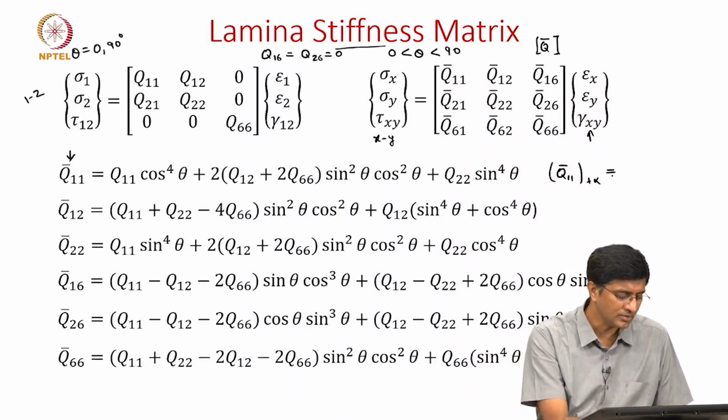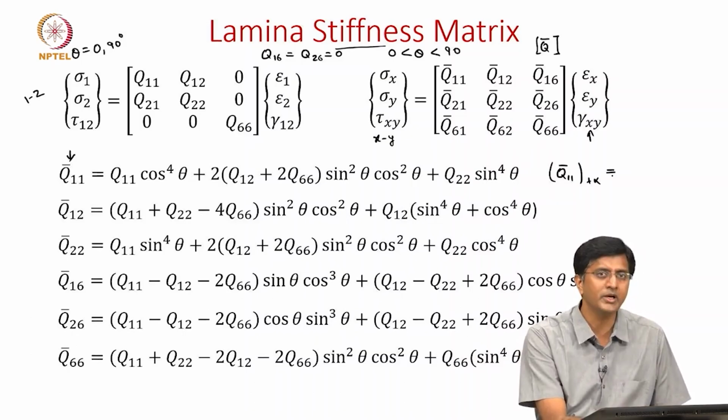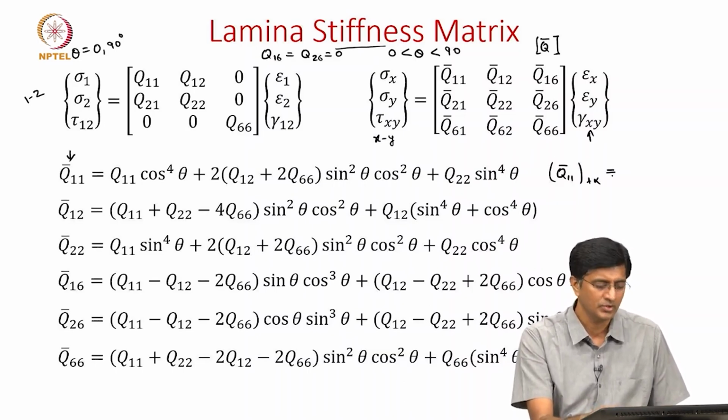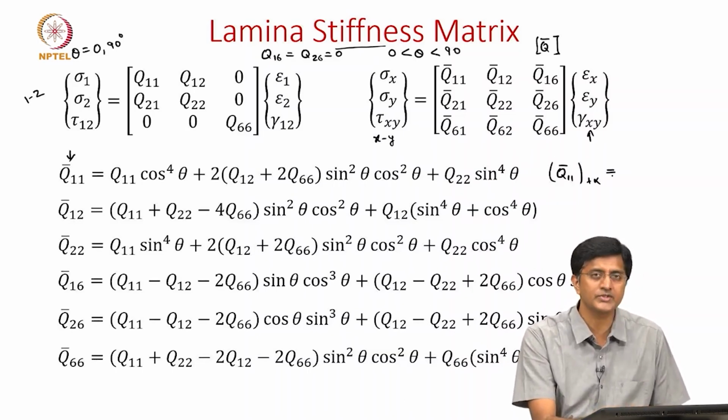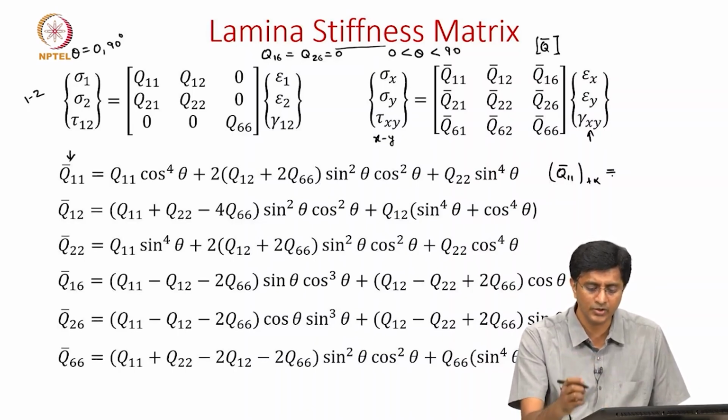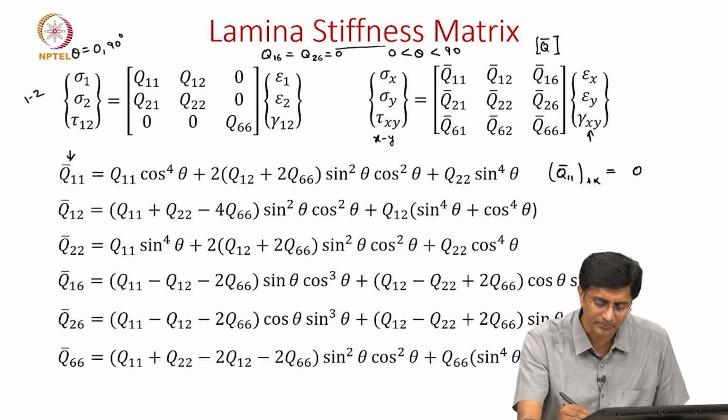If you notice, the cos terms are power 4, meaning plus or minus won't make a difference. And here too we have sine square and cos square, as well as finally the sine power 4. Because of these even powers of sine and cos, no matter whether the angle is positive or negative, these values will be the same.